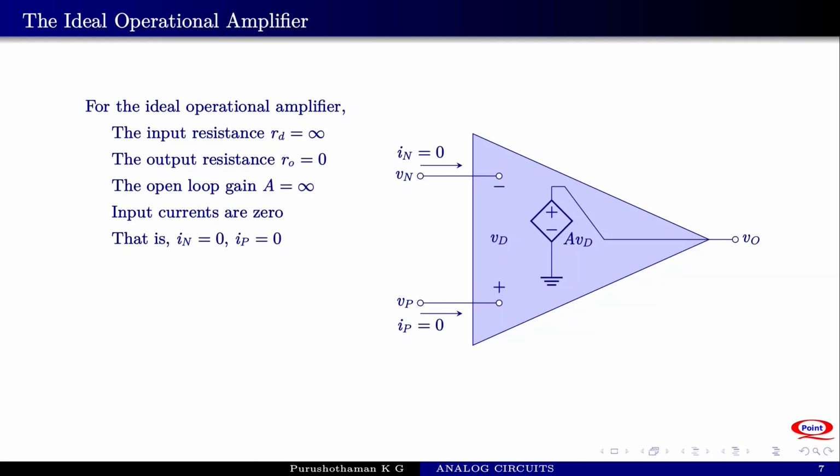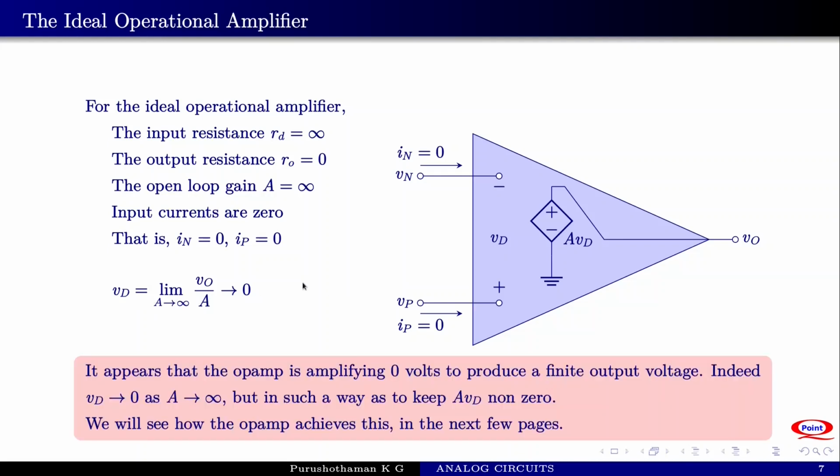So the gain A is infinitely high, and from the previous slide we have seen that if A is very high, the differential input is approaching 0. So Vd equals limit A tends to infinity, Vo by A, that tends to 0. And we know that the operational amplifier is amplifying Vd, the differential input, to produce an output. And this expression shows that Vd is tending to 0.